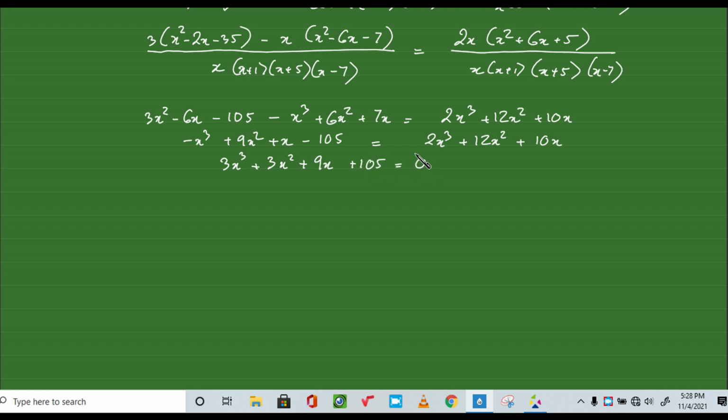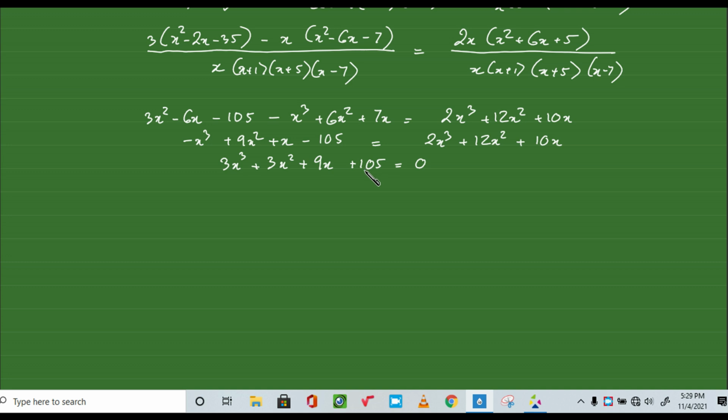Alright. So what is the problem right here? The problem right here is that after we bring it to proportion form and find the LCD and so on, it turned out that we have a cubic. And this is a big number, 105.